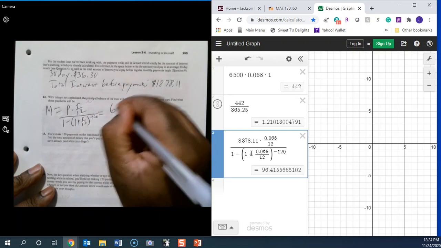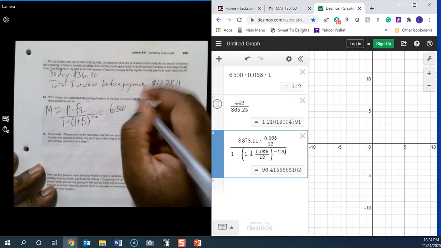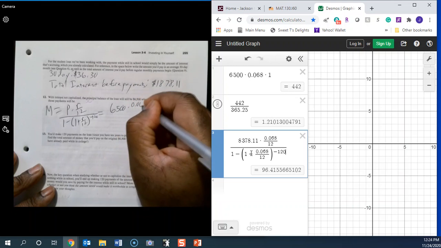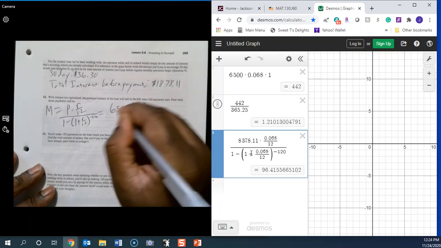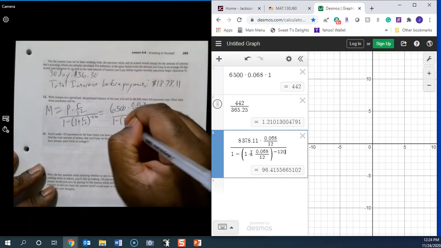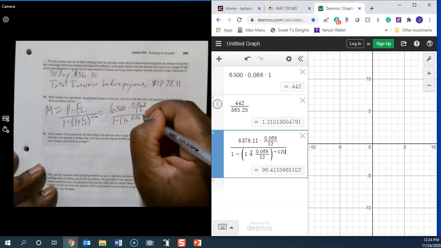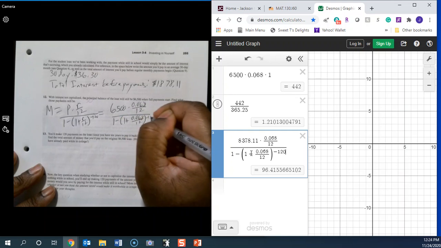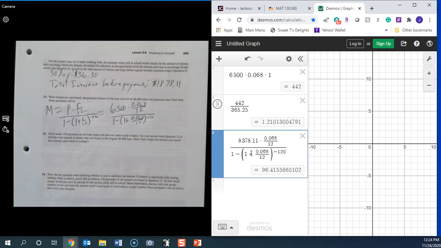Now, we'll replace the principal with 6,500. Your R would still be 0.068 over 12. And then we will have 1 minus 1 plus 0.068 over 12 to the negative 120 power.